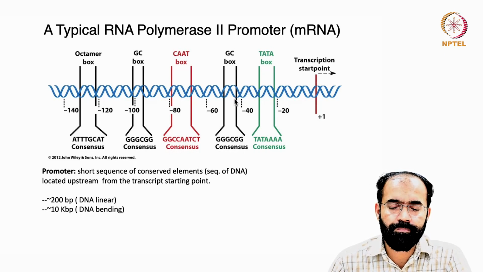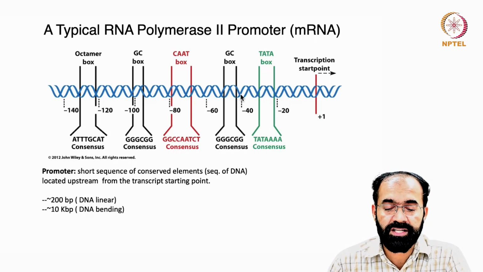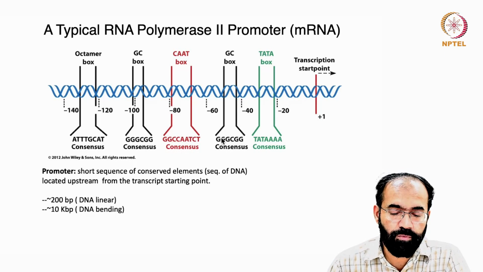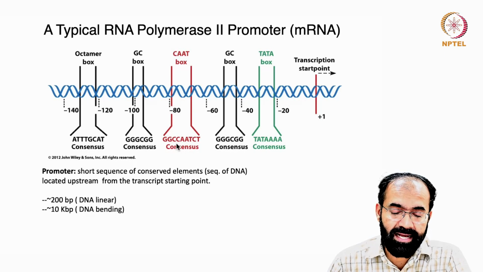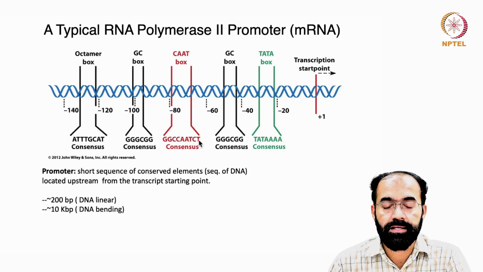And much upstream, up around the -40 region, you have a GC box which has a sequence of GGGCGG. That is the consensus. And much upstream of that, you have the CAT box, and it has a consensus of GGCCAATCT.